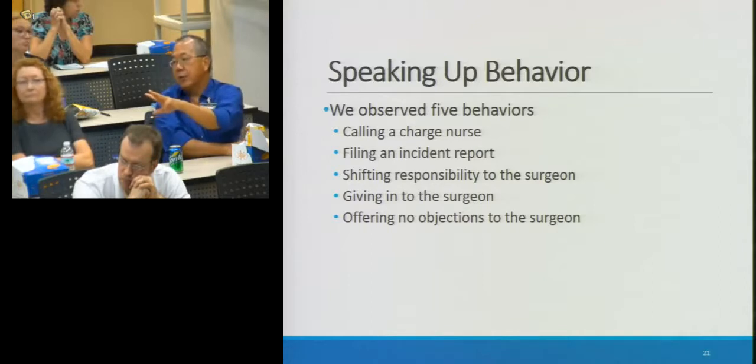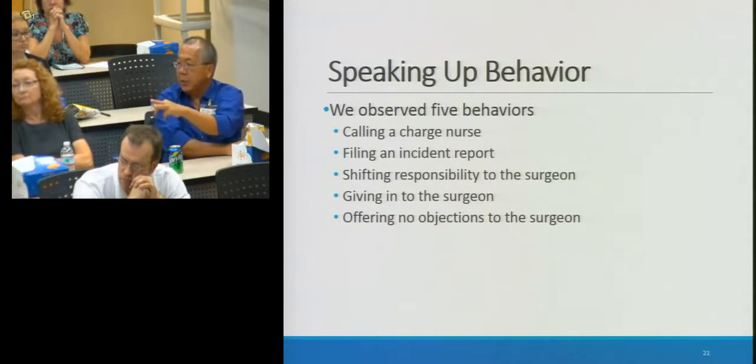I have to give you the benefit of the doubt that you may not have heard me the first time, so I would repeat it. I would say, Dr. Fischler, I'm now uncomfortable because I already asked you not to proceed and you're ignoring me. And then if you keep ignoring me, on the 3rd challenge I say, I don't have a choice now. This is a safety issue. That's the S in CUS. I'm calling the charge nurse.